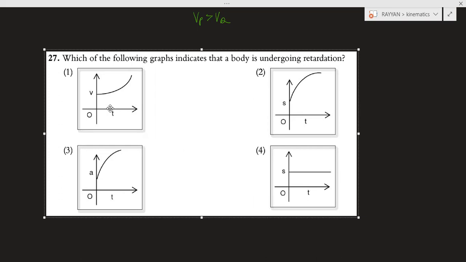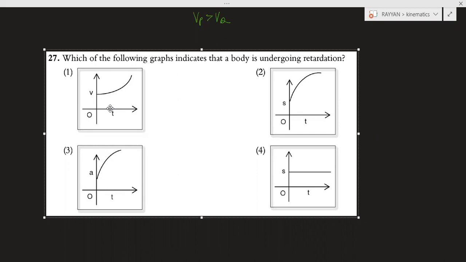Suppose you are in a car driving on the road at 100 kilometers per hour, and suddenly you apply the brake. Then the speed or velocity of your car will decrease. From the time you applied the brake, your car will be in retardation.